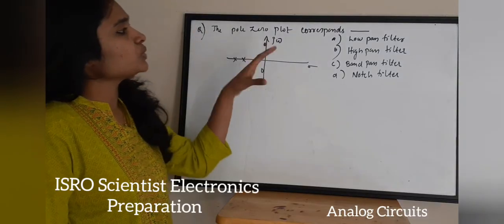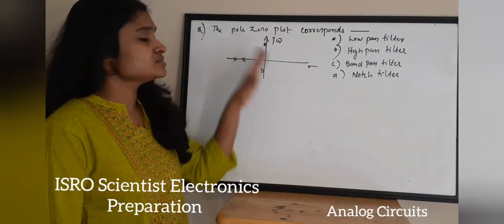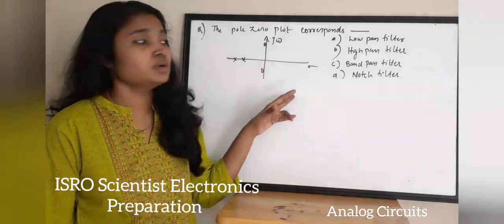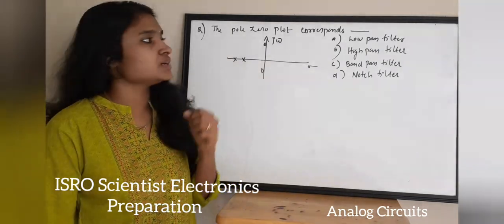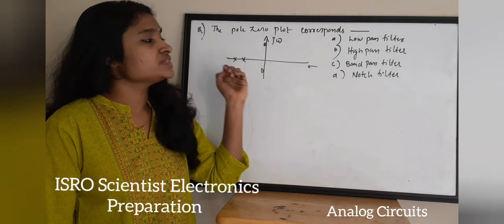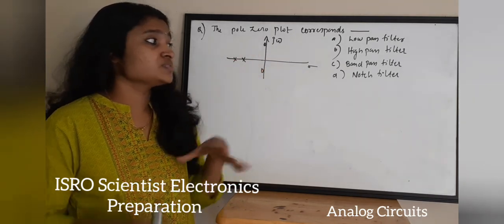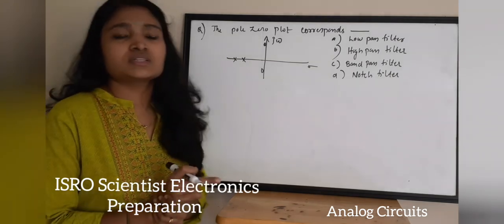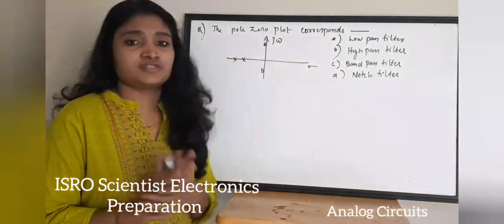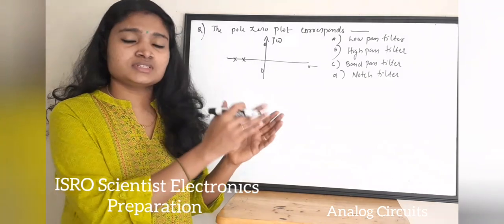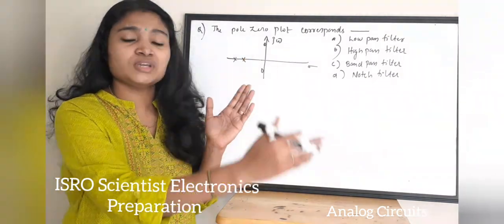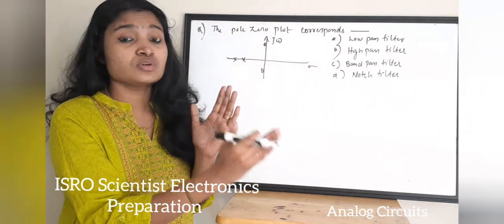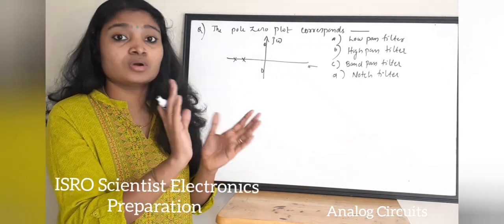The pole zero plot corresponds to dash. So this is actually a pole zero plot and it corresponds to some filter. What is that? A low pass filter, B high pass filter, C band pass filter and D notch filter. Now, what is a low pass filter? Let us discuss the terms first. Low pass filter means a filter which allows only lower frequencies to pass and cuts off upper or higher frequencies.